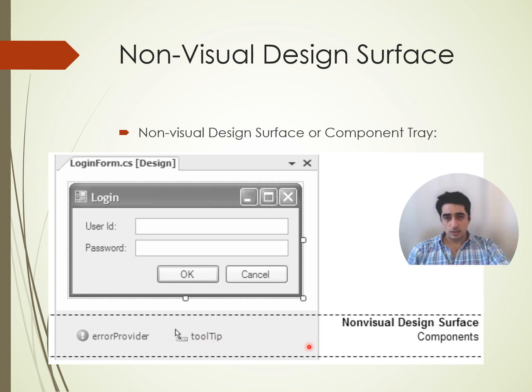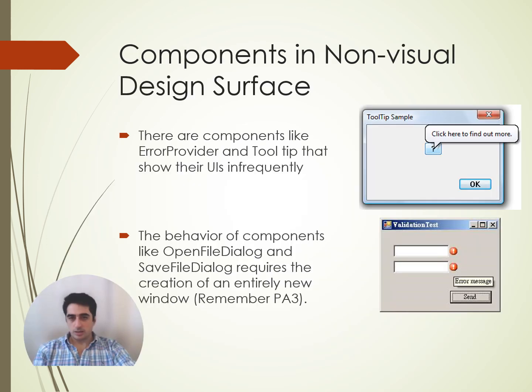That's the non-visual design surface, which is a component tray holding different components that have no visual representation, like background worker, all the standard dialogues like open file dialog or color dialog or print preview dialog, and so on and so forth.